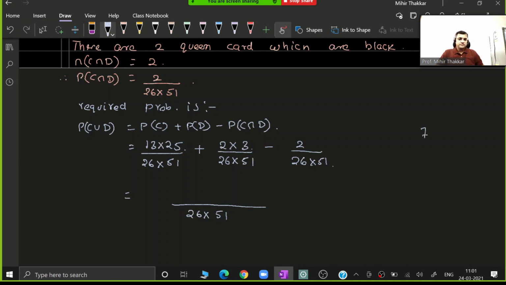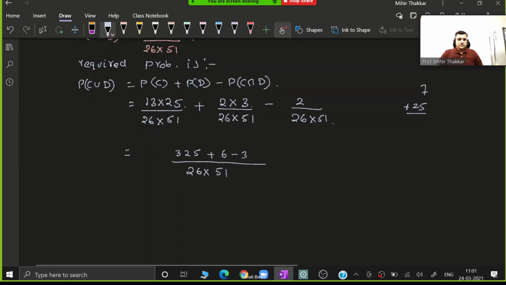So leave that 7, give this 5 over here. 25 into 1 is 25. 25 and 7 is equal to 32. Plus 6 and minus 2. So 6 minus 2, that is going to be 4. This is going to be 325.